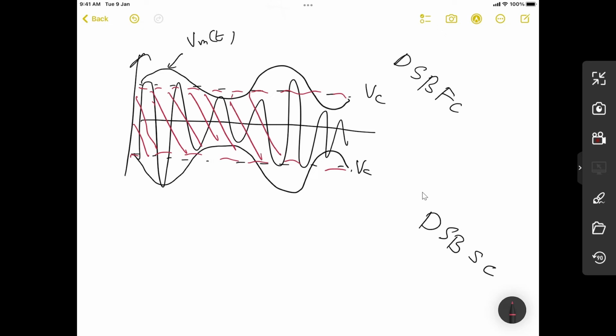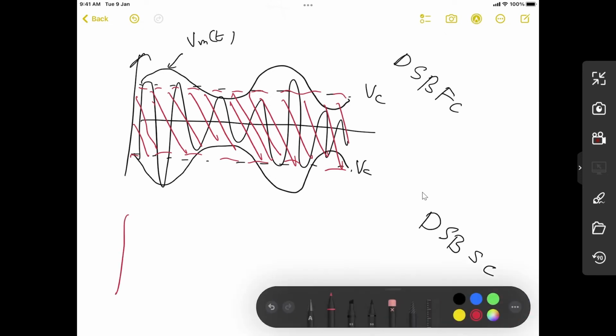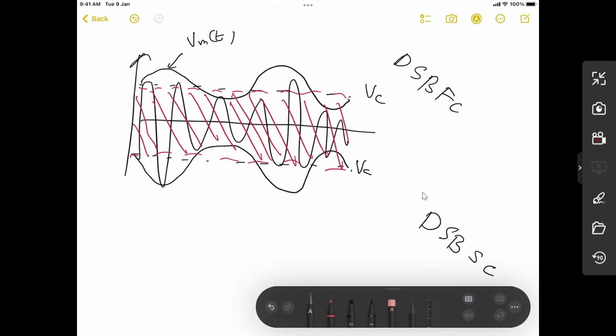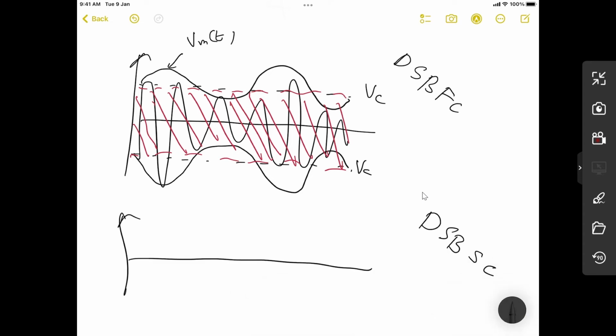You don't have this carrier, meaning that you combine. Because you eliminate the carrier, what happens is you combine that, so you will have this.